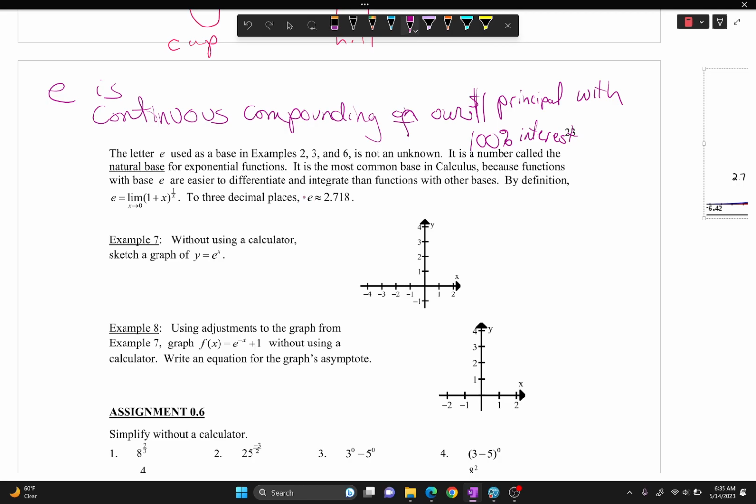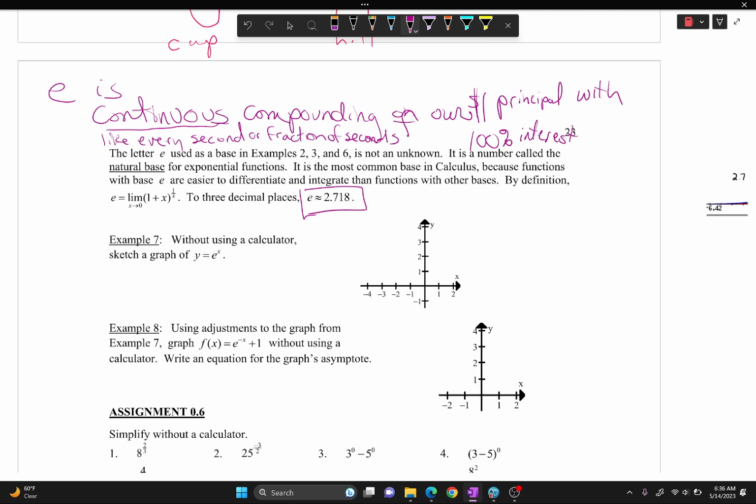And the number that we got, if you took that dollar and compounded it basically every second, continuously, every second or fraction of a second, was $2.71, which we don't round up to $2.72. No, we don't. We use 2.718.